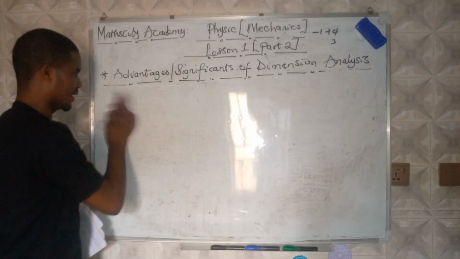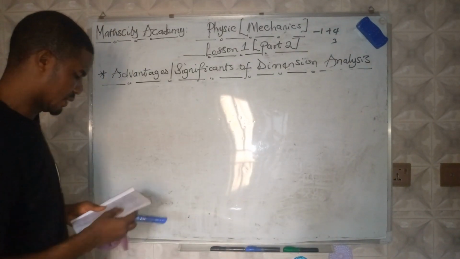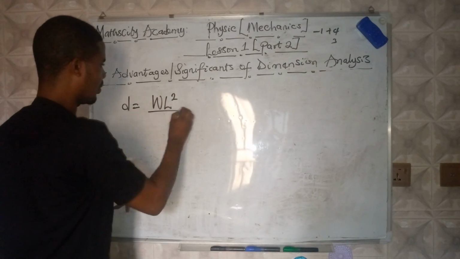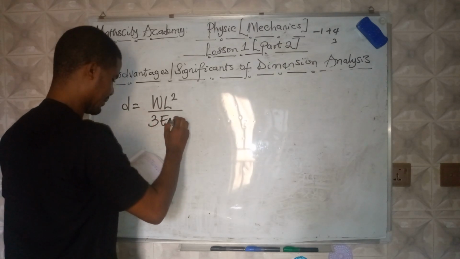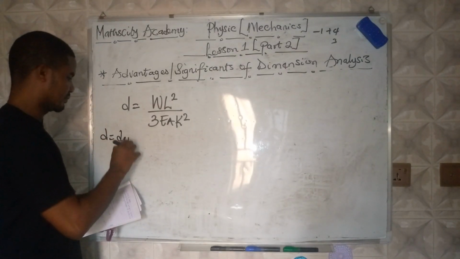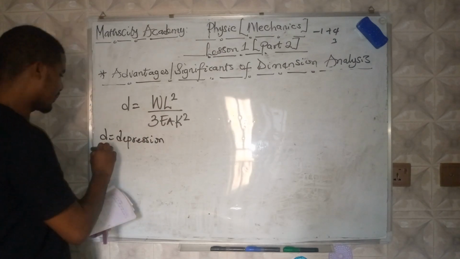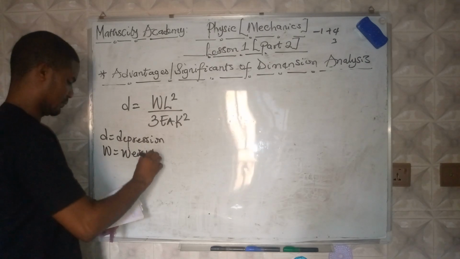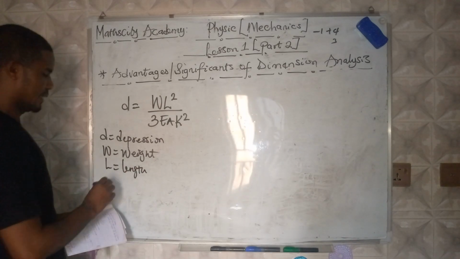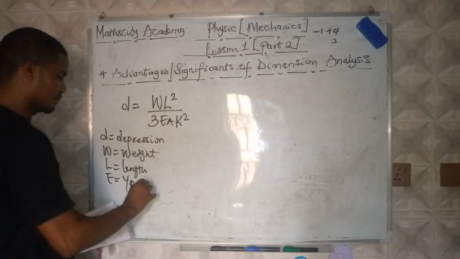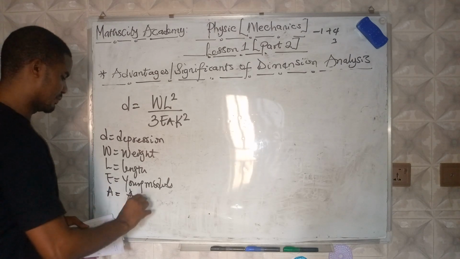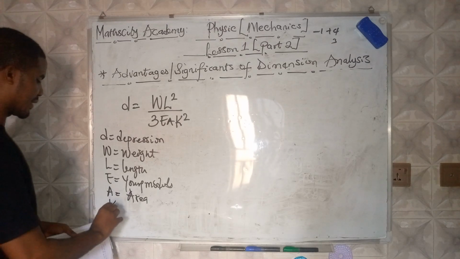The question says, given that D equals W L squared over 3 E A K squared, where D is depression, W is weight, L is length, E is Young modulus, A is cross-sectional area, and K is radius of gyration.